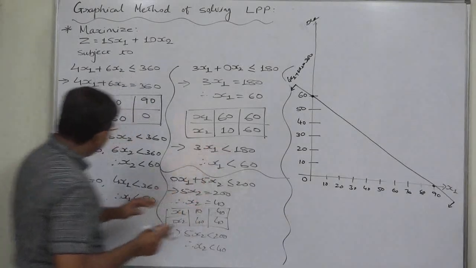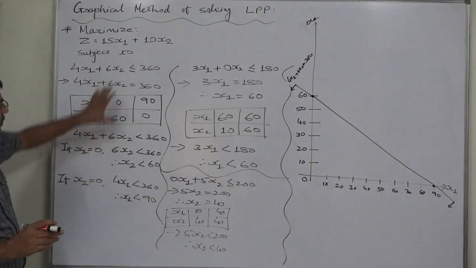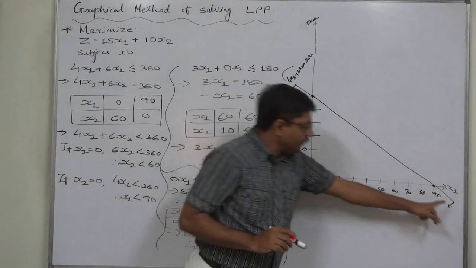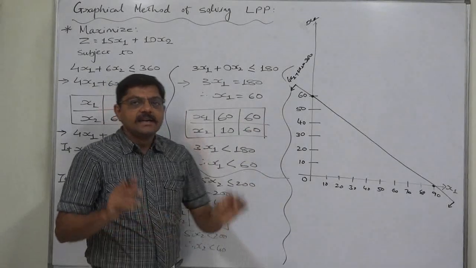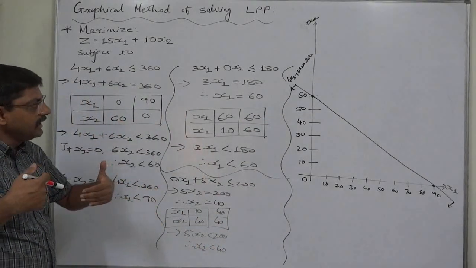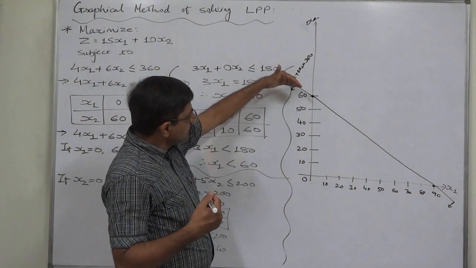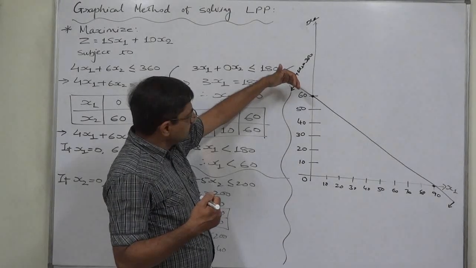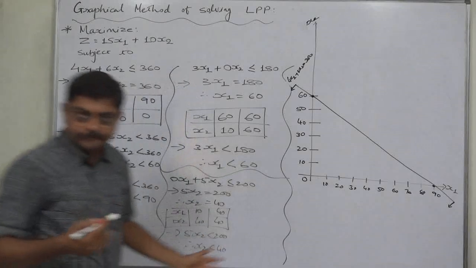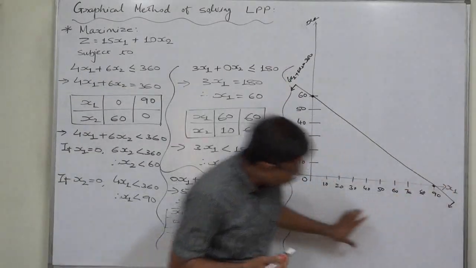This is the importance of separating the inequality into two parts, equality as well as inequality, so then we can correctly determine the side of the inequality, whether it is going on the graph paper below the line or above the line. 60 or less, 90 or less.